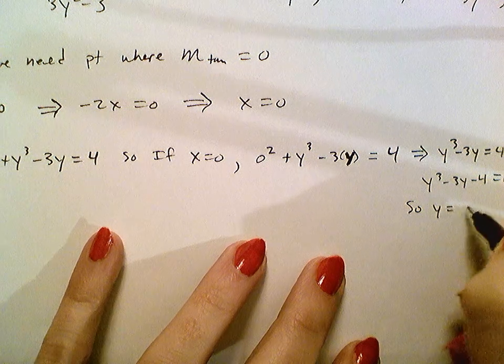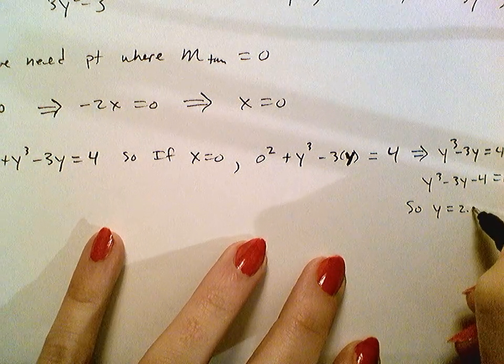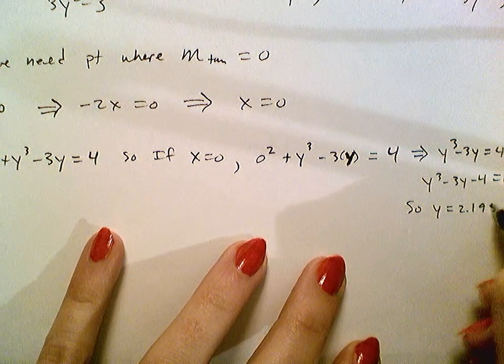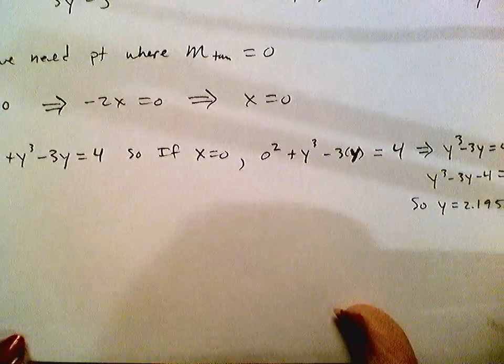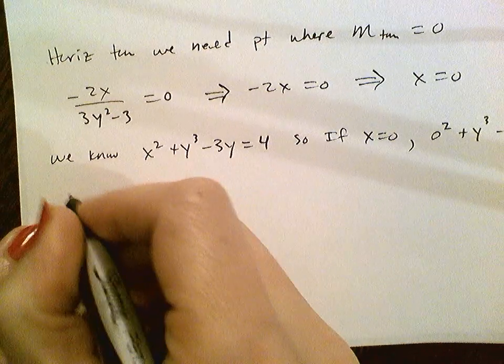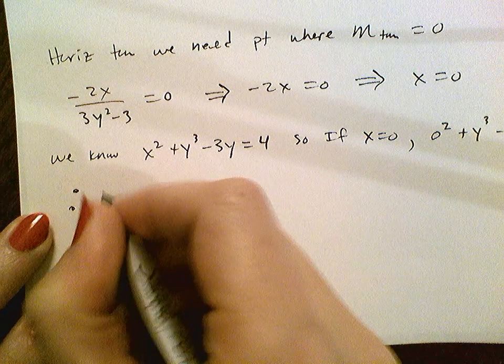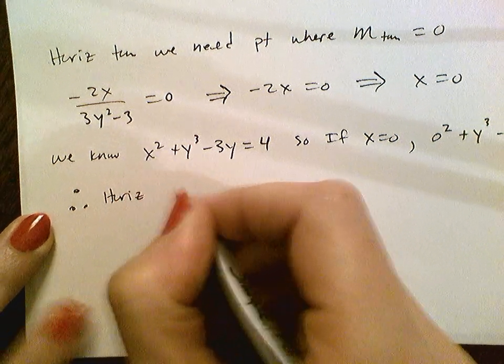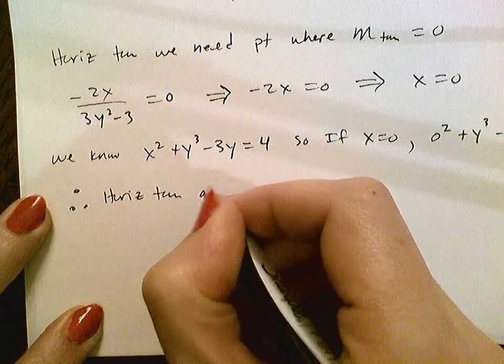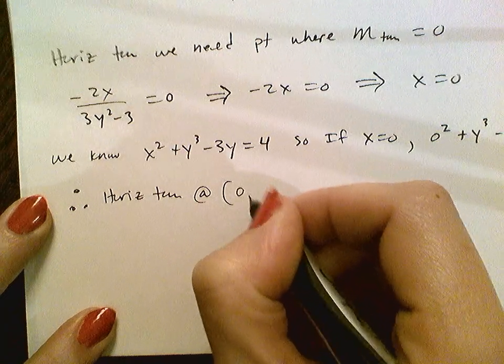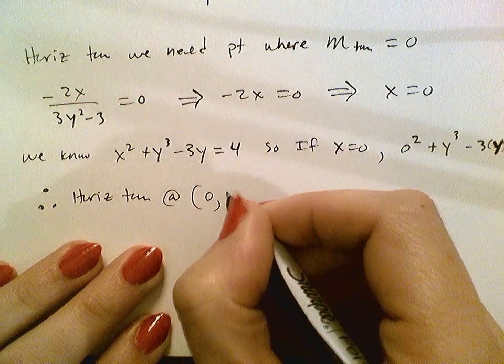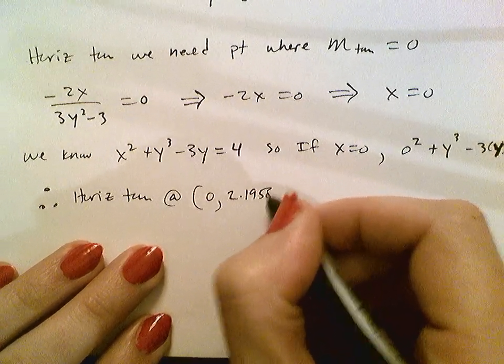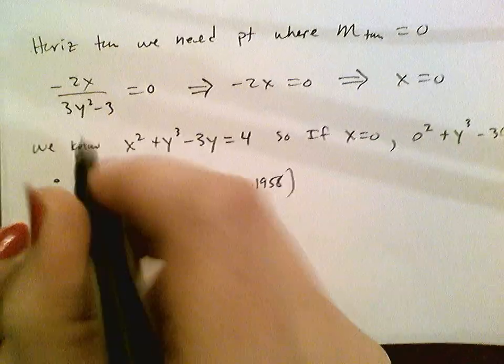So y equals 2.1958. All right. So I'll just go over here and I'll say, therefore, horizontal tangent at 0, 2.1958. Okay.